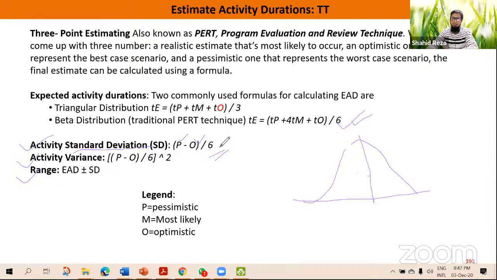Also, if the standard deviation is high, variance will also be high. That means there is high probability of variation of your task to complete within the certain time. And if you consider that standard deviation to find out the range, then you can use the value of this result, EAD plus minus standard deviation. So let me explain these 3 in the example in the next slide, then you will understand.